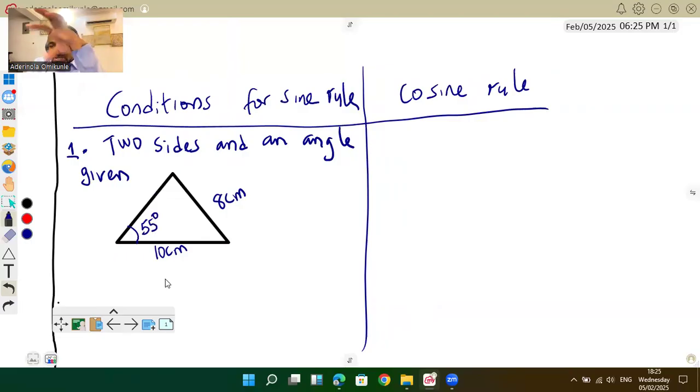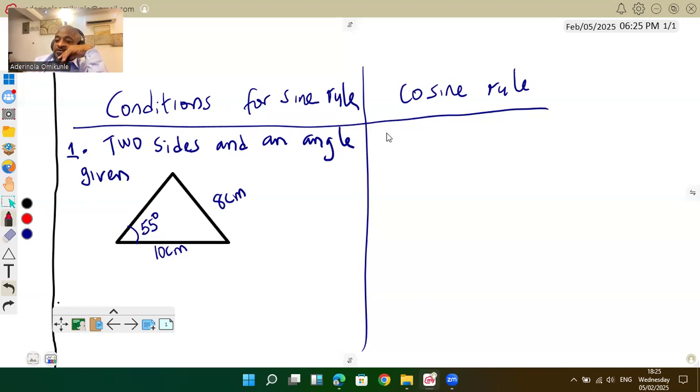So you have two sides and one angle given. This automatically tells us that what we're supposed to do is sine rule. Now, what is the corresponding condition for cosine rule?